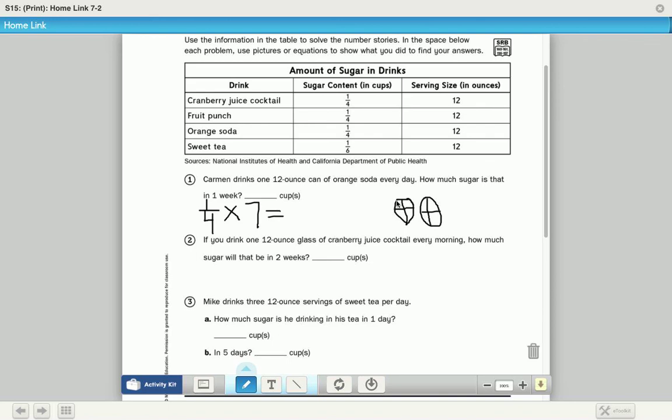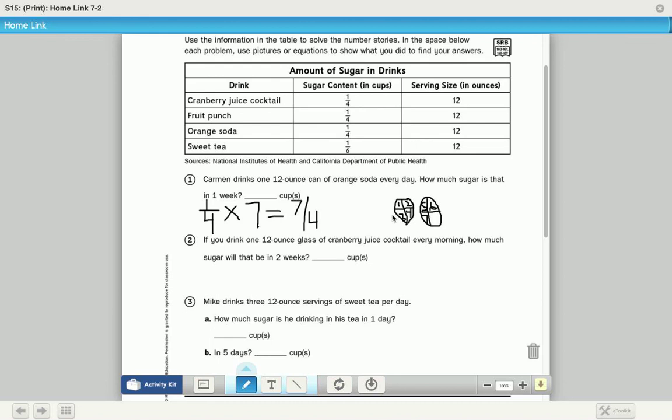Okay, so we'd have 1/4, 2/4, 3/4, 4/4. I made these too small. 5/4, 6/4, and 7/4. Okay, so one answer would be 7/4.